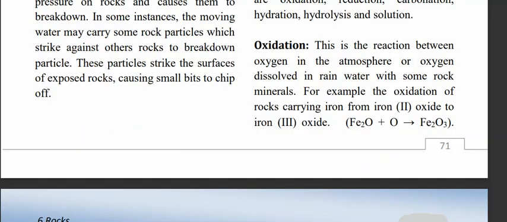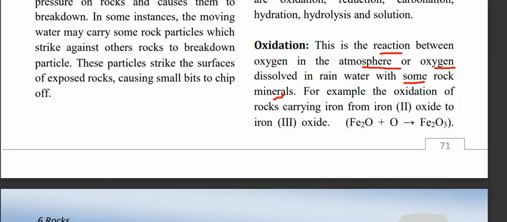Oxidation. What is oxidation? Oxidation is a reaction between oxygen in the atmosphere or oxygen dissolved in rainwater with some rock minerals.